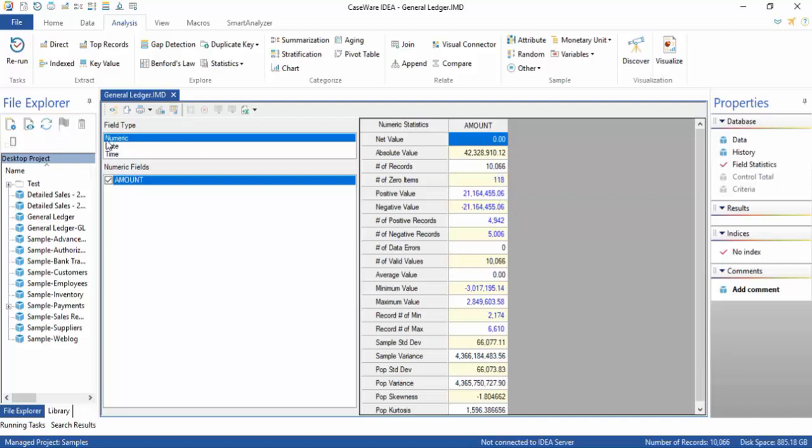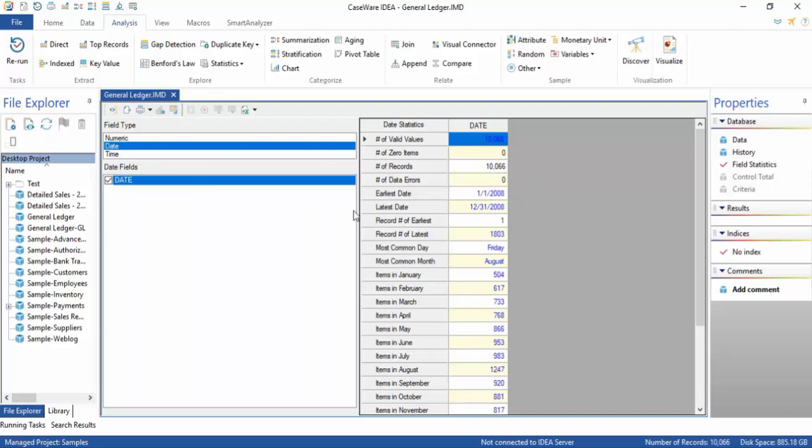I can also click on the date field, and the date field is going to provide me the earliest and the latest date. Very important, because now I know that this population falls within the date scope that I have requested. If, for example, the date was showing the 1st of January 2009, that could be an issue, because that shows that there is a record that is bleeding into the following year.